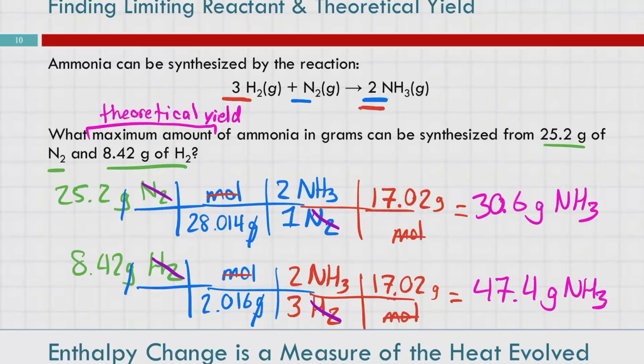We want the smaller number because our nitrogen will run out. We won't have any more nitrogen to be able to get to the 47.4 grams. Nitrogen runs out once we've made the 30.6 grams. That's why we're picking the smaller one. Nitrogen's our limiting reactant. This is the most that we can make. We won't have any more nitrogen to be able to make that much ammonia.